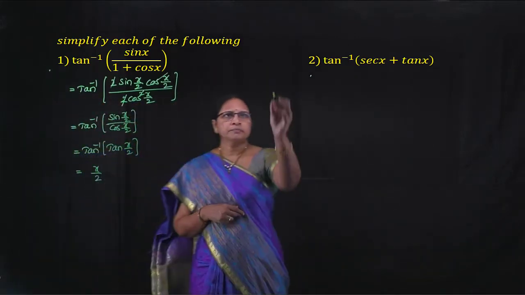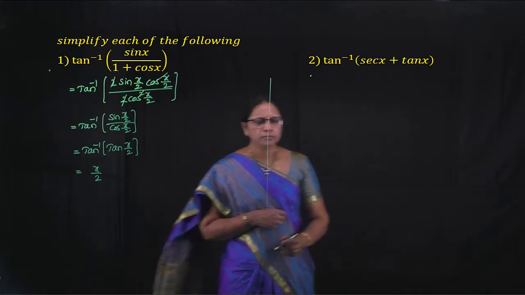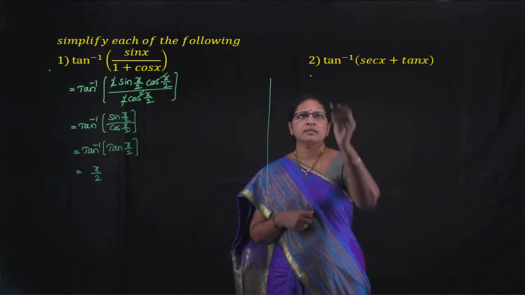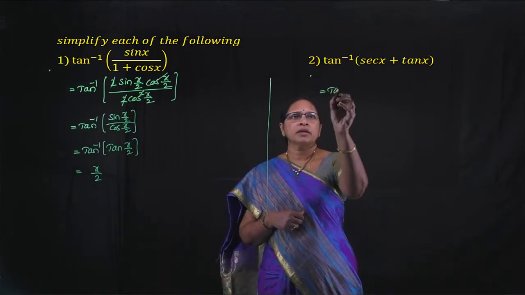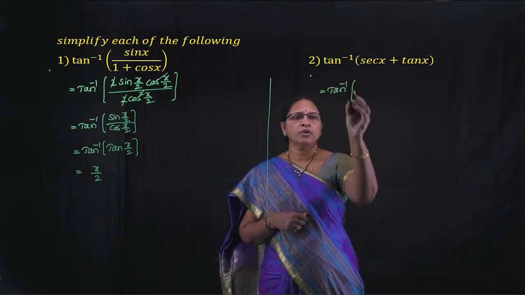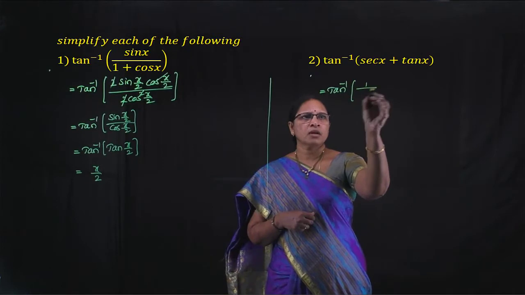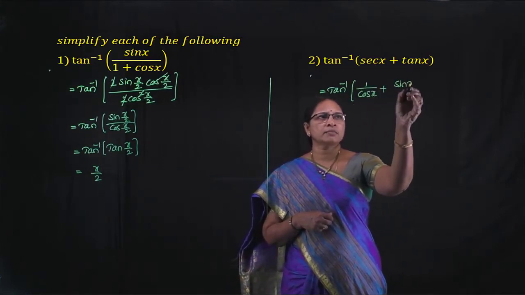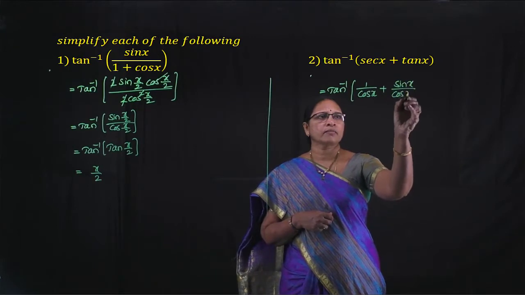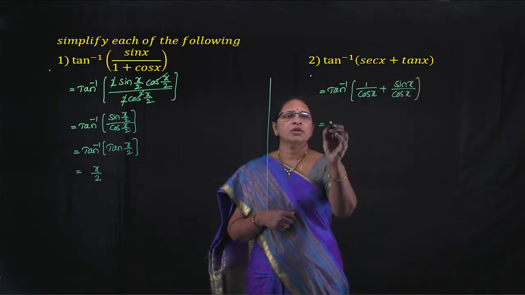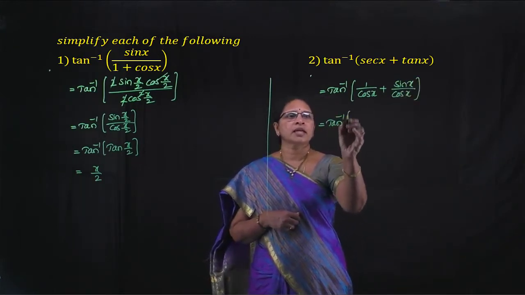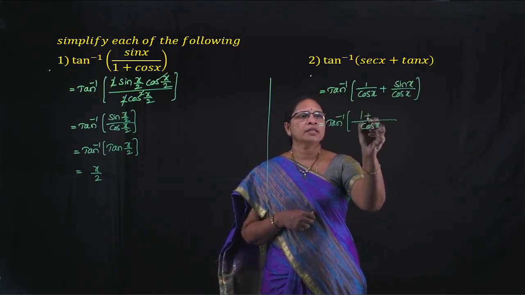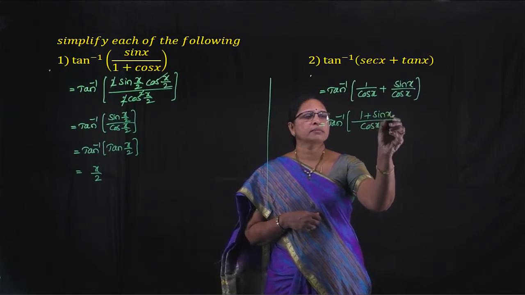See the second problem, tan inverse of secant x plus tan x, that equals tan inverse of, we know secant x is 1 by cos x plus tan x is sin x by cos x. That equals tan inverse of, take LCM, LCM is cos x, numerator is 1 plus sin x.